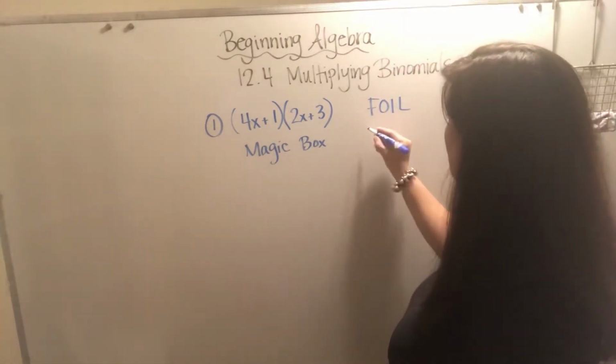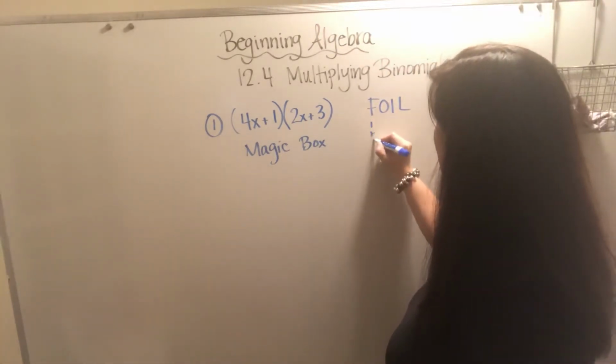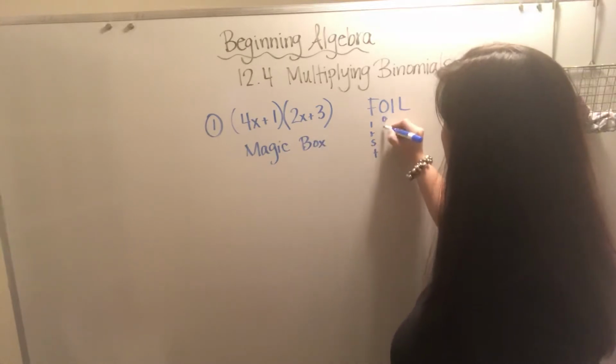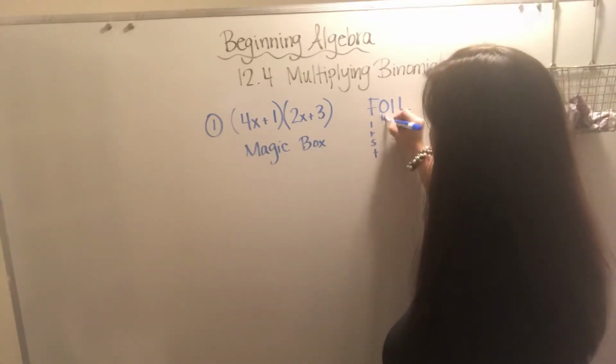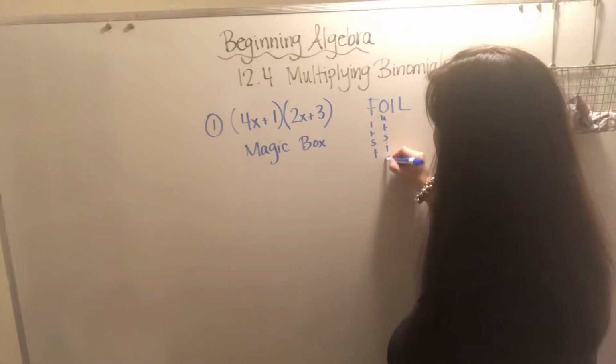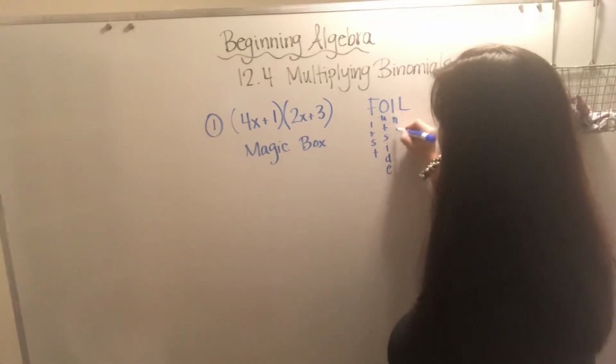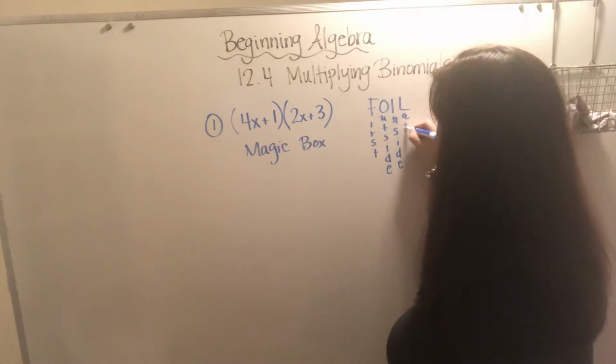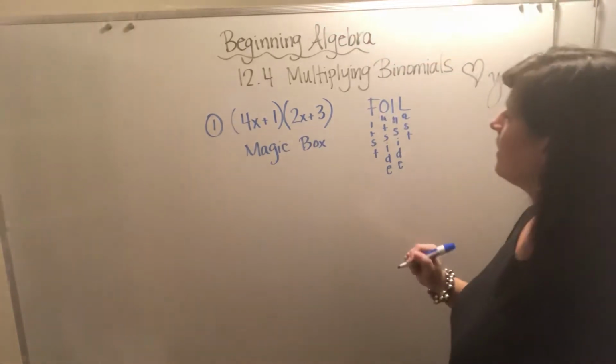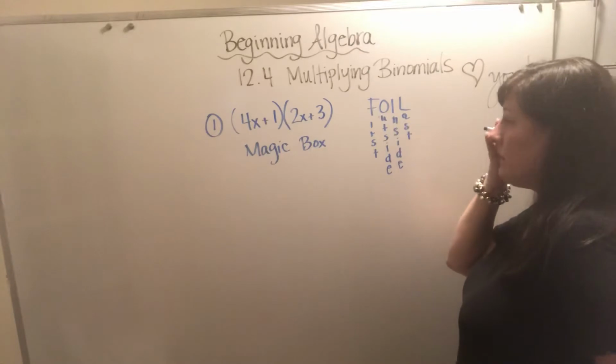I'm going to go ahead and write what this stands for. Hopefully you're taking notes. That's important while you watch these videos. So we're going to start with magic box, and then we're going to do FOIL.